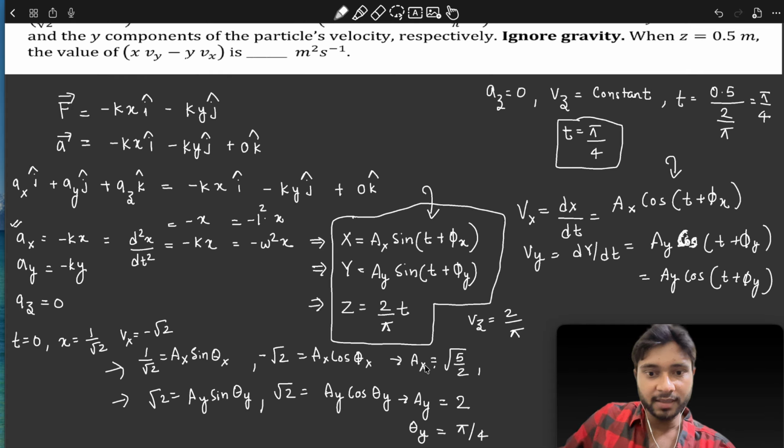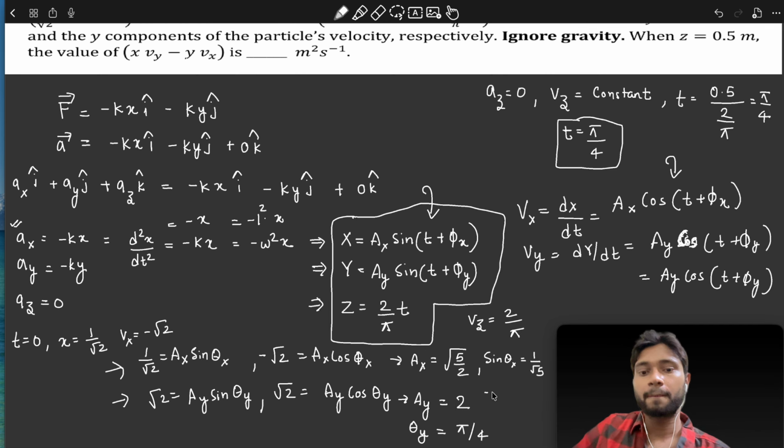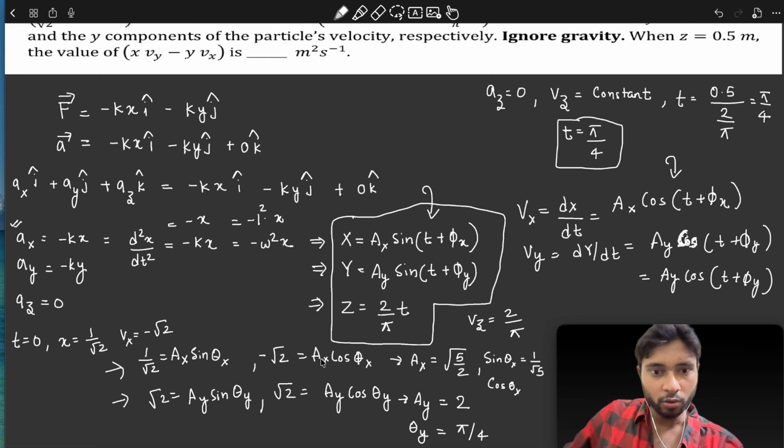Similarly, if I put ax equal to root 5 by root 2, sin phi x is equal to 1 by root 5. I don't know the exact value of phi x, so what will be the value of cos phi x? Putting ax equal to root 5 by root 2, with minus 2 on the other side, cos phi x will be minus 2 by root 5.